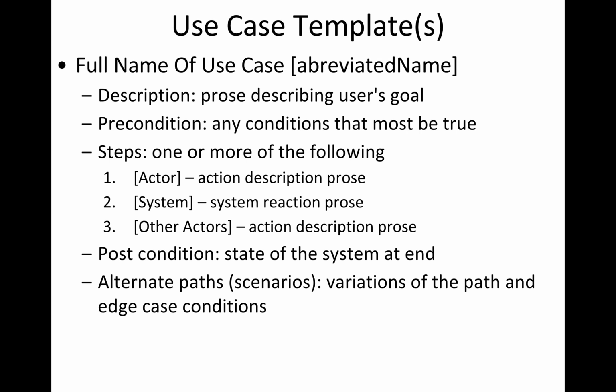Under preconditions, you would list all the assumptions on what this particular use case might be. For instance, the user needs to be logged in. The user needs to have an account. The user has to be in the role of a buyer or the role of a seller. All these are preconditions for the following steps.